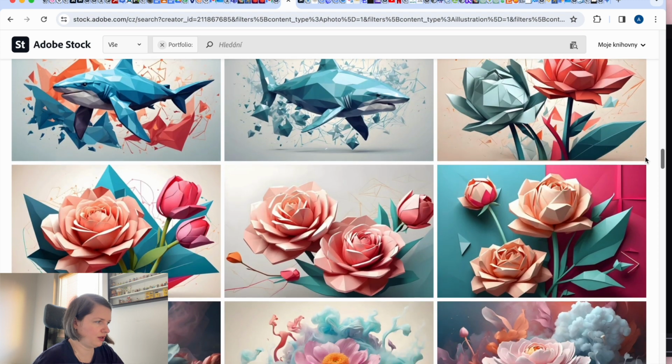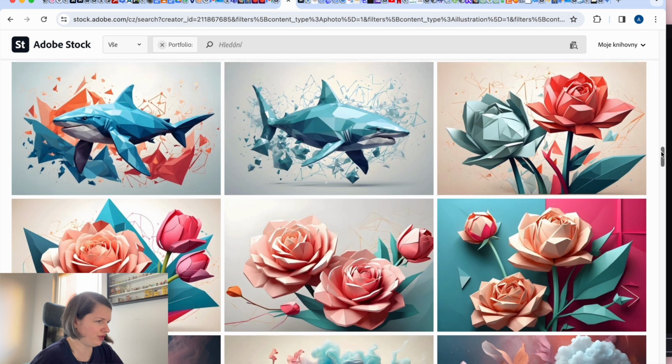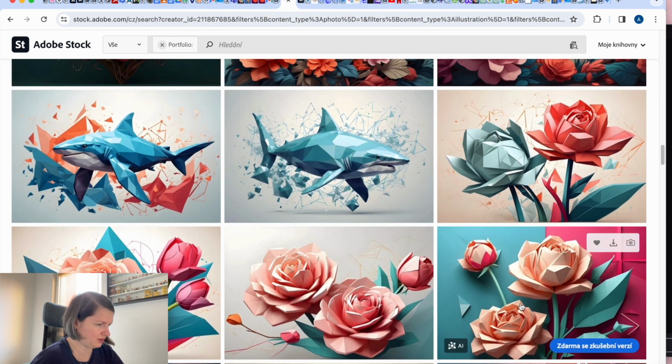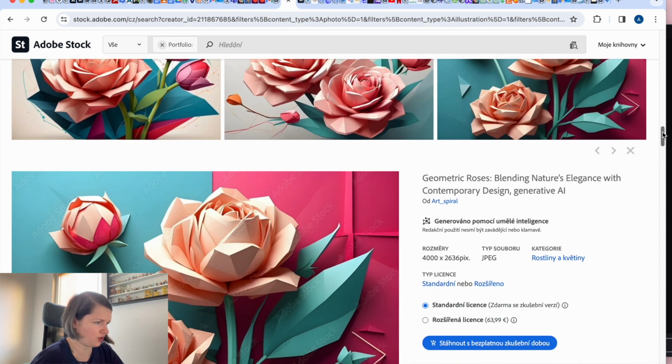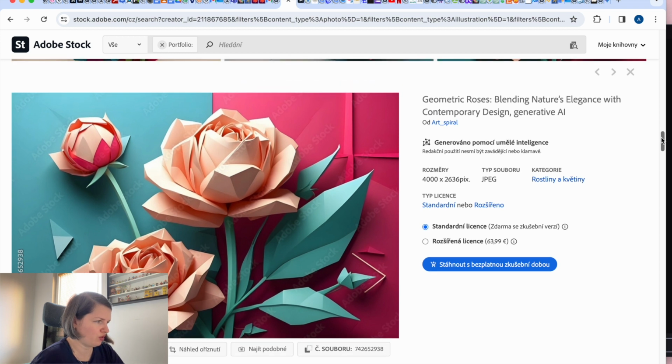I kind of like those roses. You have a lot of images on this grayish background, so I would avoid that. But for example, this image I think is not bad. Geometric roses, okay.